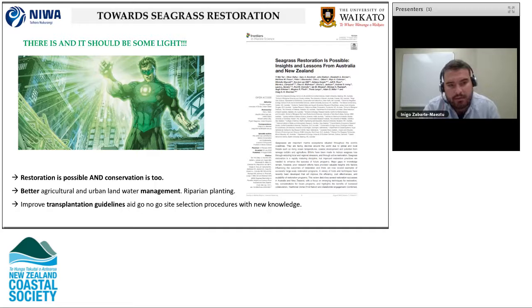And we need to definitely improve transplantation guidelines with go, no go, or site selection procedures, with the new knowledge that we are incorporating in terms of fine sediment, nutrients, light, etc. And of course, in order to restore the habitat, we need innovative interventions to tackle the substrate legacy effects, which are already in place in some of our estuaries.